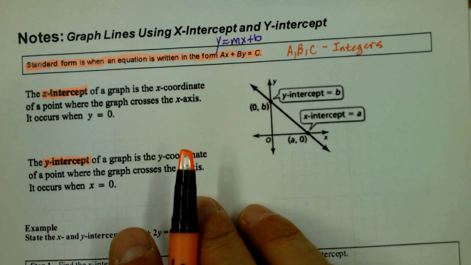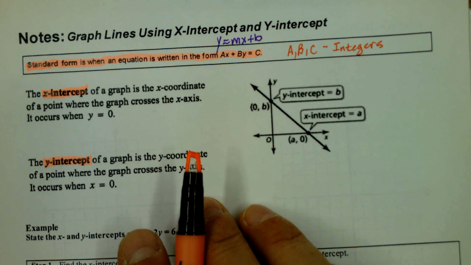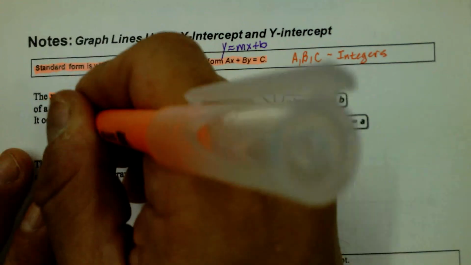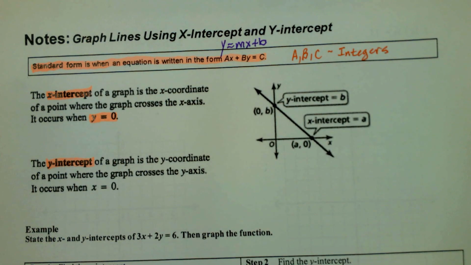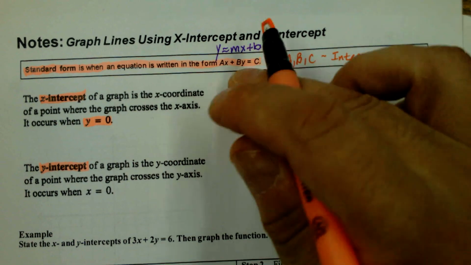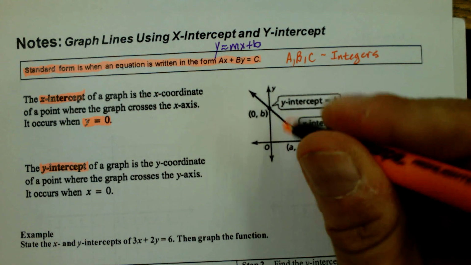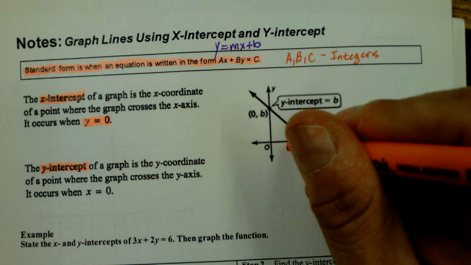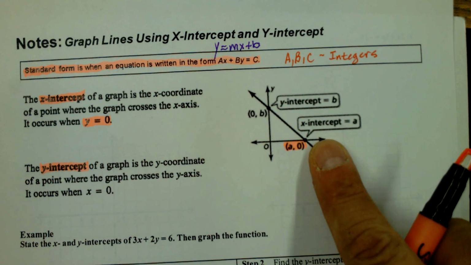It's the x-coordinate of a point where the graph crosses the x-axis, and it happens when y equals 0. So on this line here that they graphed, here is the x-intercept. It's where the line crosses the x-axis.